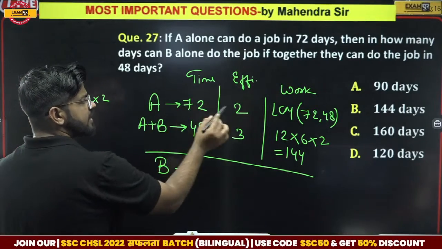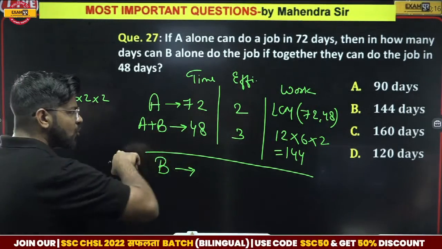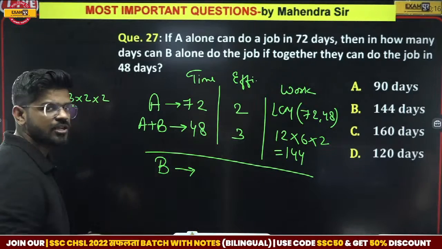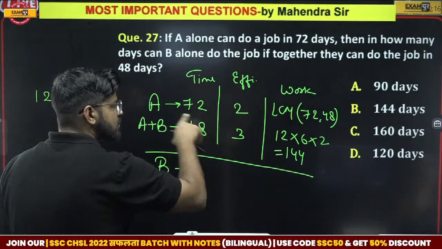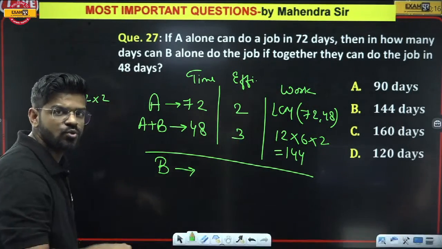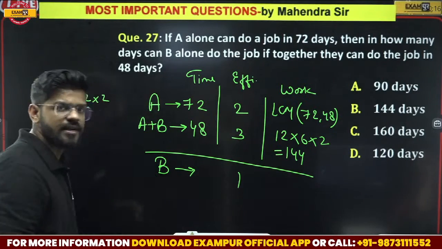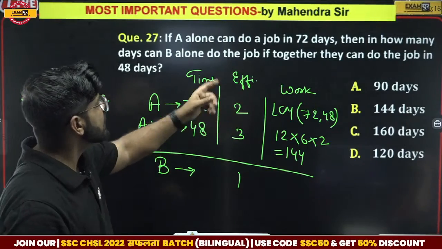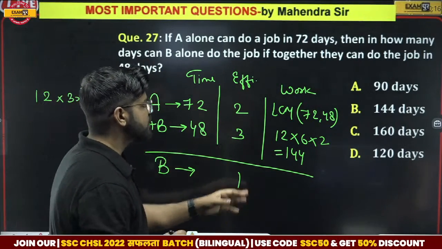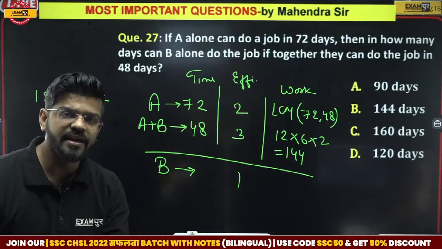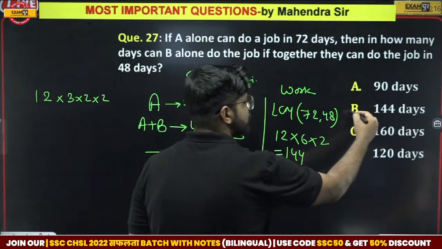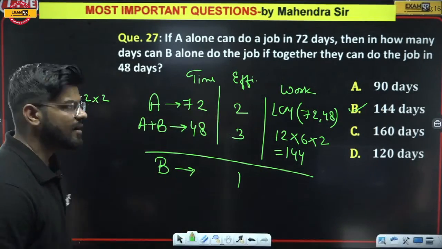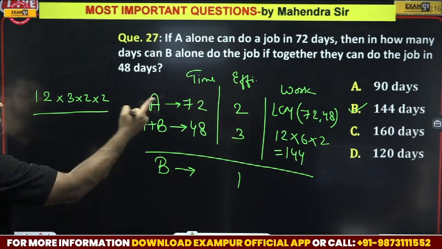A can eat 2 chocolates per day, both together can eat 3 chocolates, and that means B is eating 1 chocolate. And what is asked? In how many days can B alone do it? If B is eating one chocolate in a day, he can easily complete the work, or we can say eat all the chocolates, in 144 days.